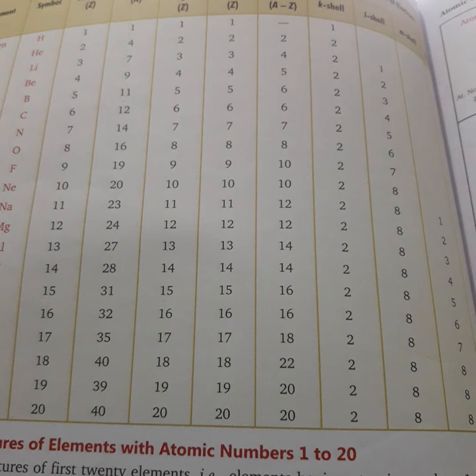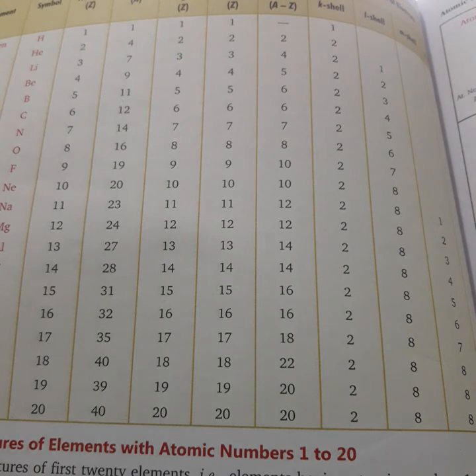What are those rules? We will discuss only a few here; later in atomic structure we will study in detail. The main objective of this explanation is so you can calculate valency and find the nature of an element.